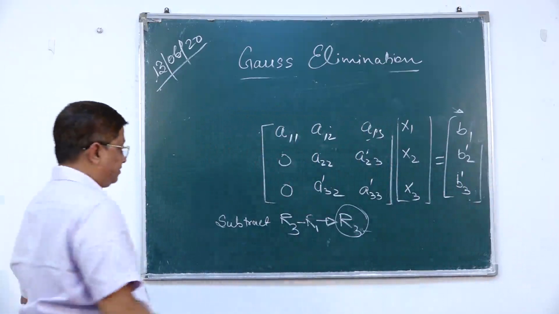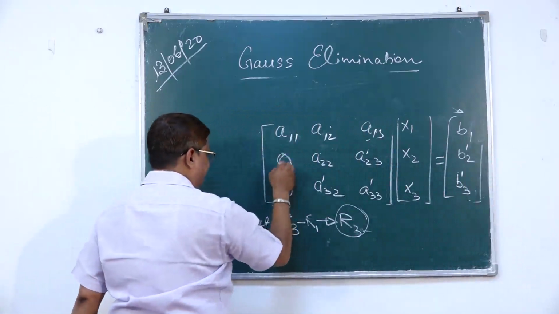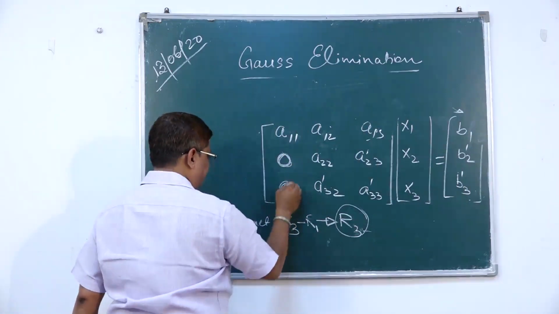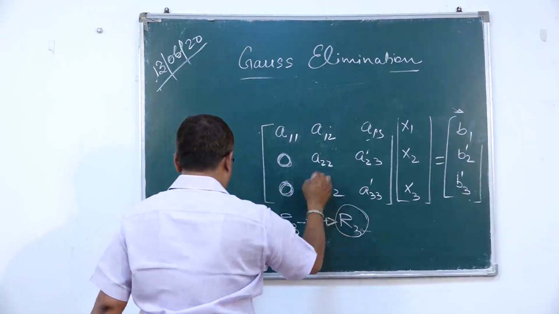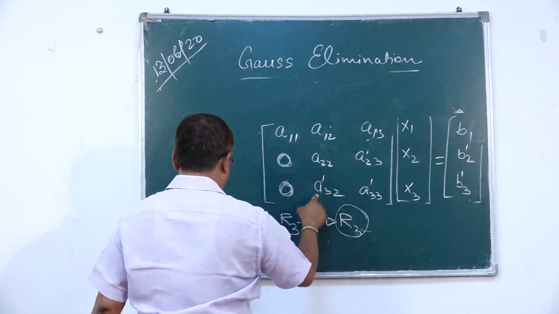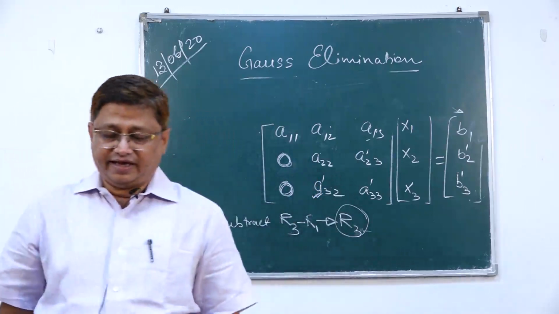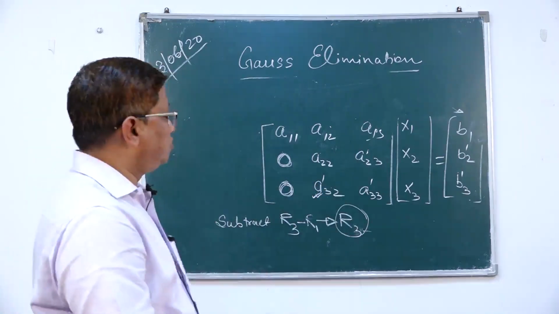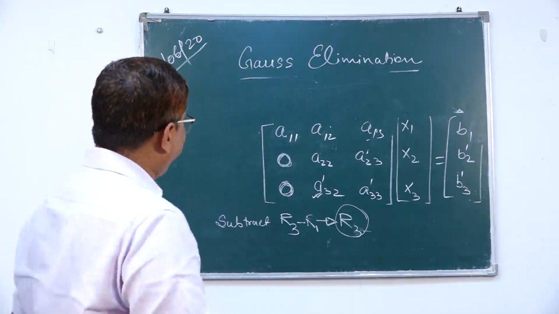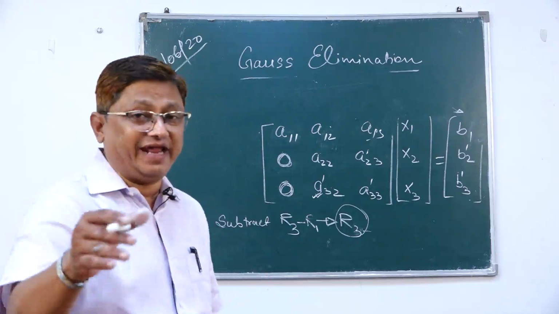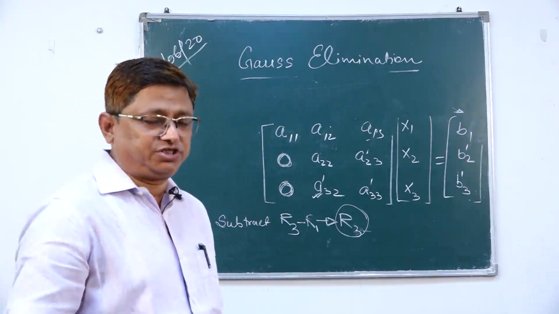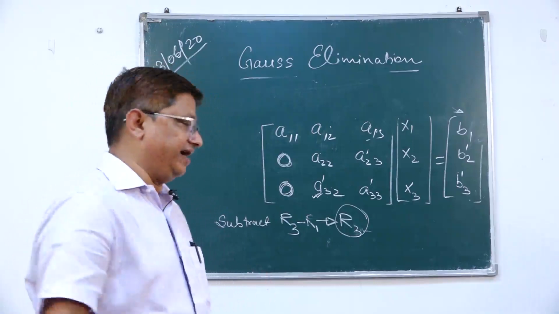After getting these two 0s, now to get the 0 position for the triangle, this one A32 dash. How to get this A32 dash? How to eliminate the last position, A32 dash?